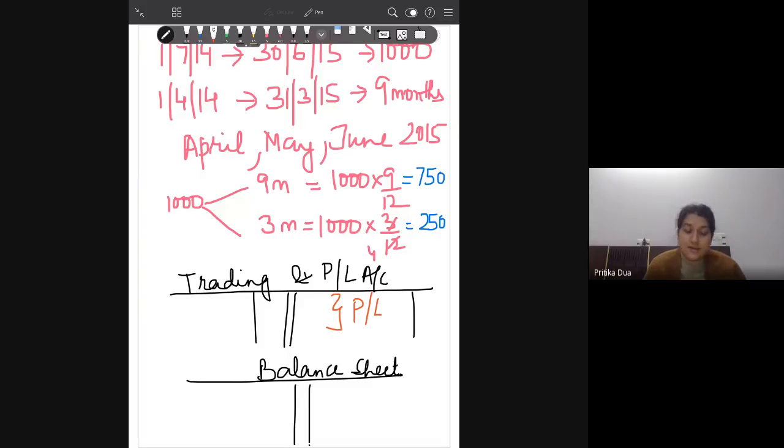And since it is an expense, it will come on the debit side of the P&L account. So I write insurance.